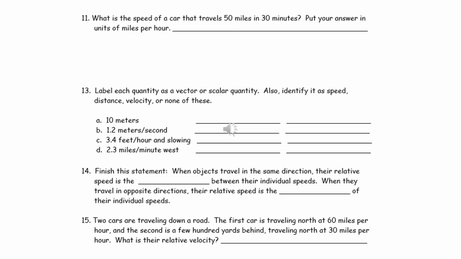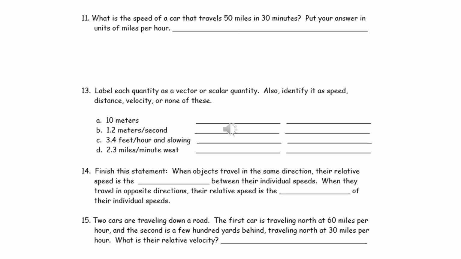Now, difference between scalar and vector quantity. Remember that a scalar quantity gives you information without telling you anything about its direction. So, for example, speed would be a scalar quantity because I'm not telling you what direction. A car could be traveling at 65 miles per hour. That is its speed, and we can measure that on a scale, but it has nothing to do with the direction that the car is moving in.